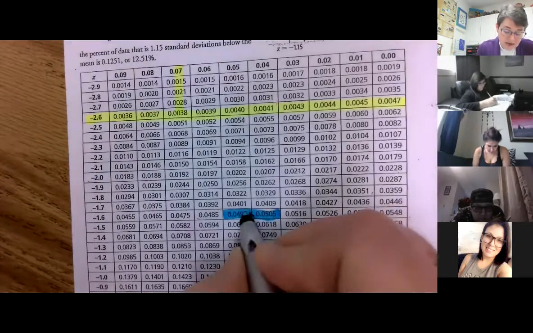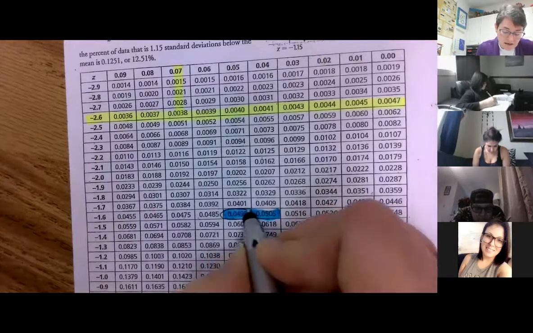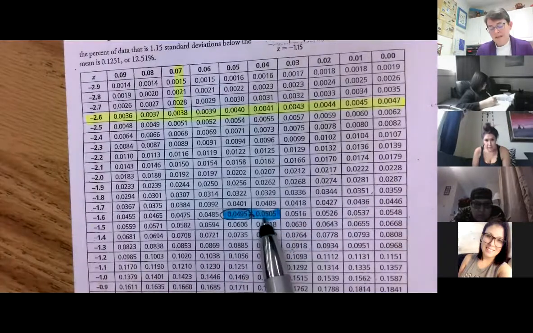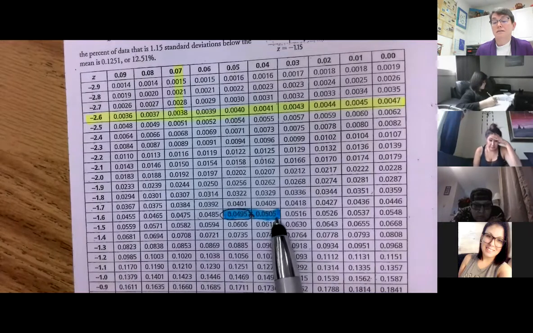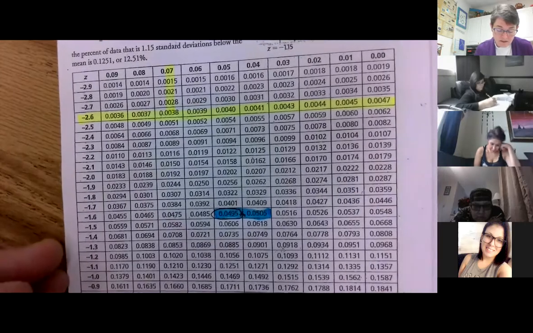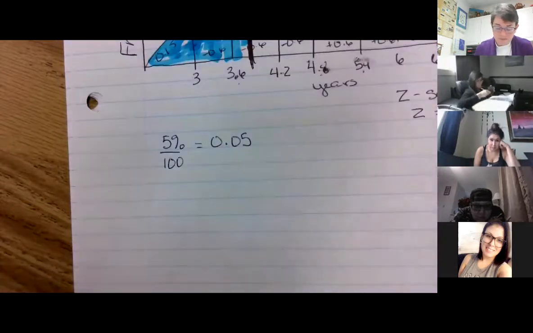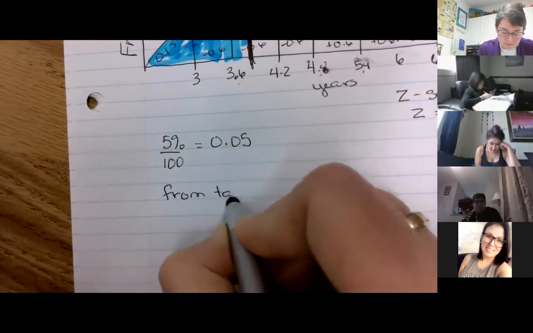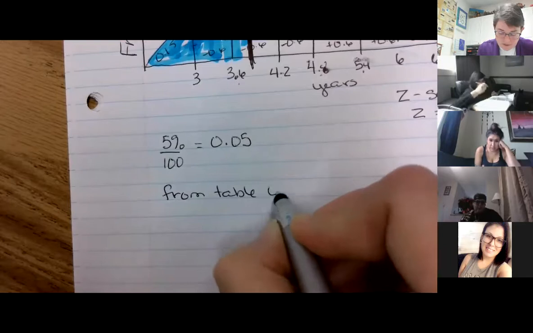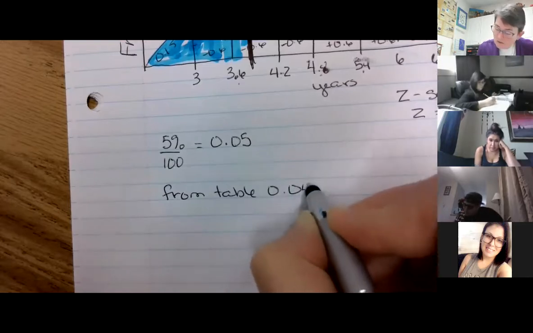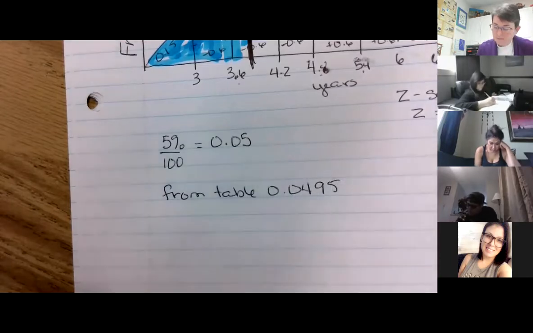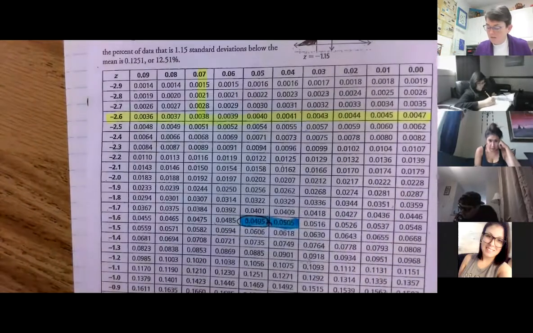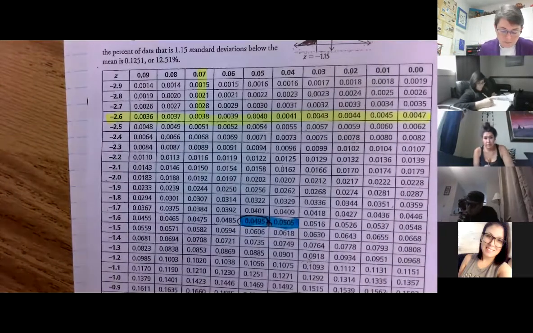So just for today, I'm going to use that one because this one technically is a teeny bit over 5%. But I'd be okay if you used it. So 0.0495, because I need to figure out what that is as a Z-score.